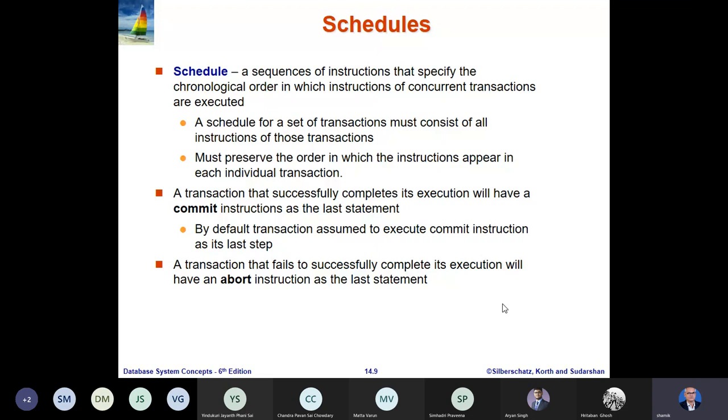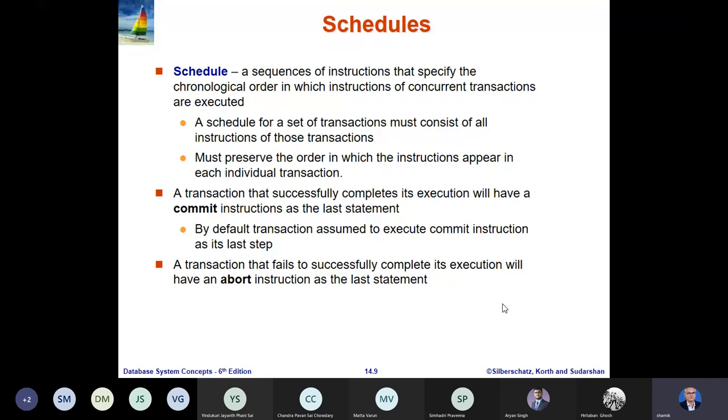If there are two transactions T1 and T2, all sorts of permutations of their instructions tell us the different types of schedules you can have. Even with two transactions, if T1 has 3 instructions and T2 has 2 instructions, these 5 instructions can be intermingled in many different ways, each giving rise to a different possible schedule.